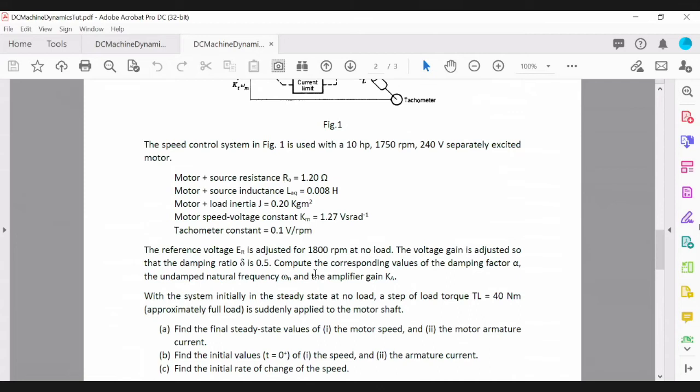This speed control system is working on a 10 horsepower, 1750 RPM, 240 volt, separately excited motor.